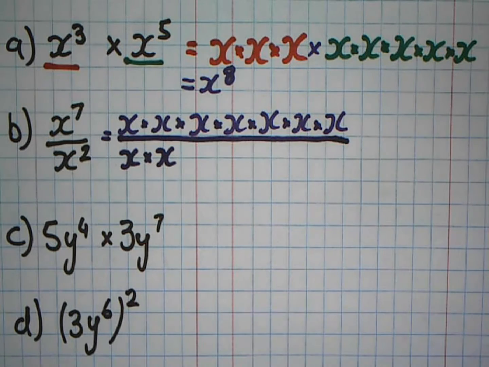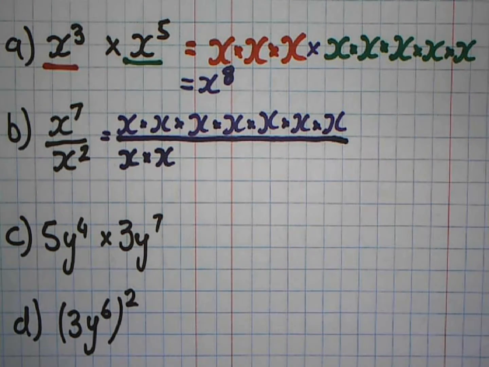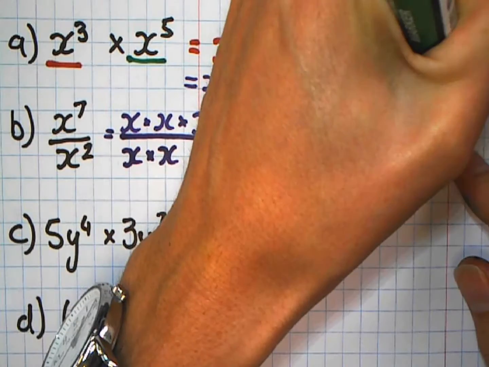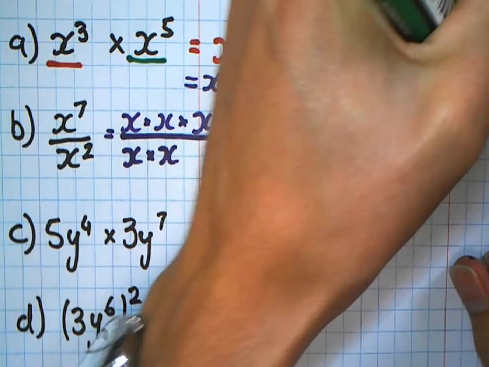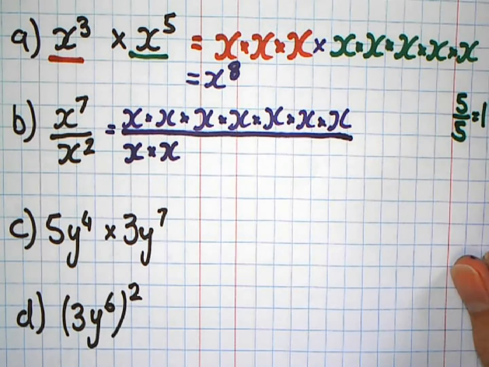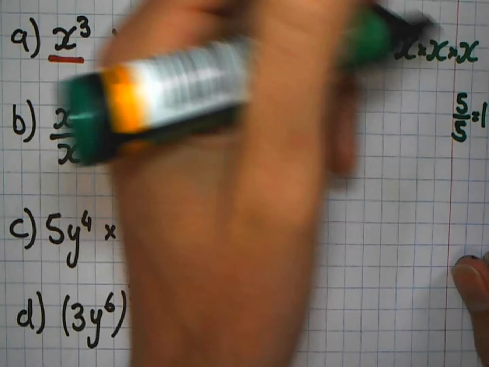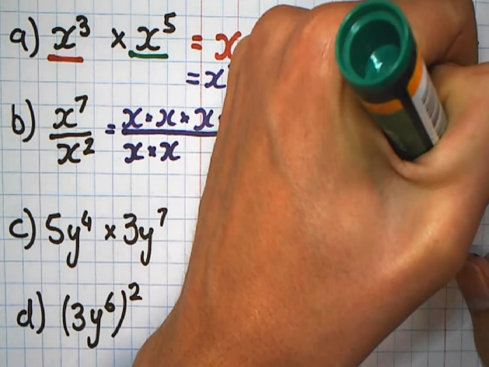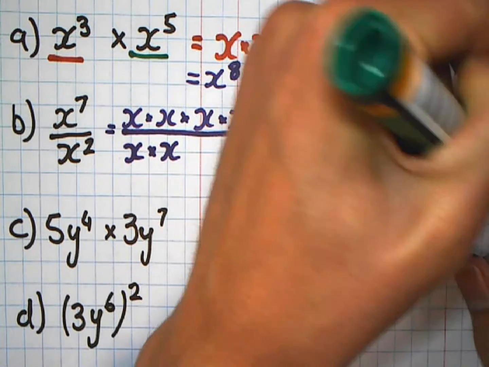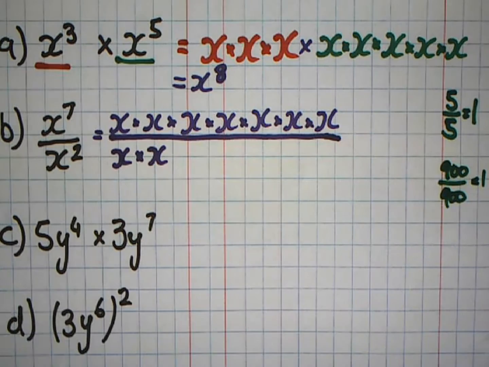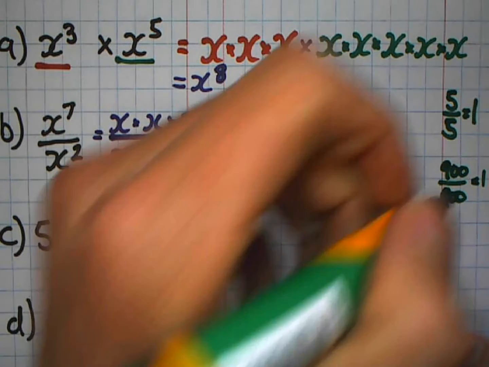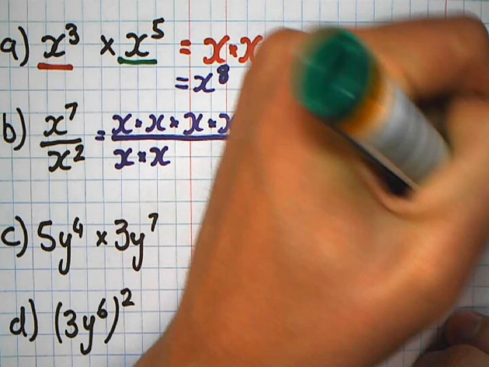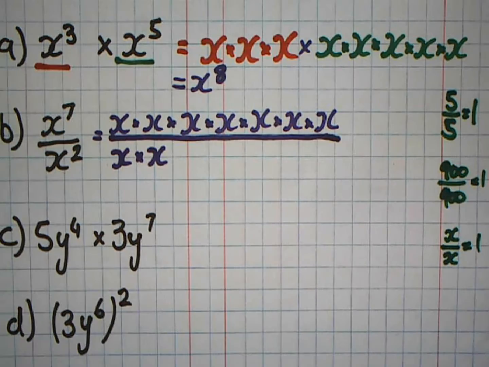Now, one thing we need to know for this, I'm going to give you some examples down the side here. 5 divided by 5, we know that is equal to 1. We could have 900 divided by 900, and that would also equal 1. So if I had x divided by x, that must also equal 1.